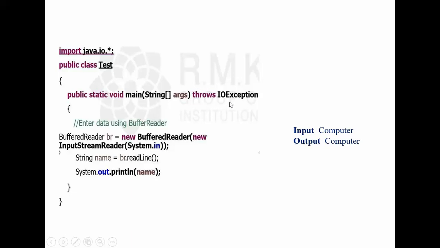Whenever we use the BufferedReader class, we have to handle any input-output exceptions, that's why we follow this. After that, BufferedReader br equals new BufferedReader. This is the syntax for BufferedReader.